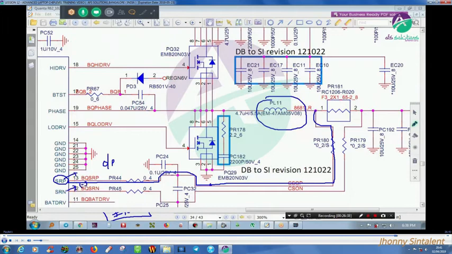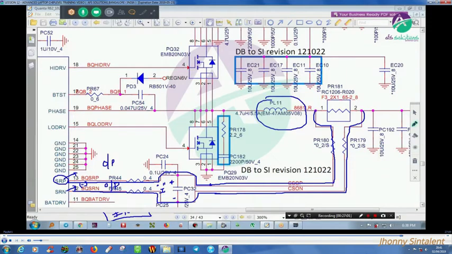Okay, output negative. There is one more resistor coming here. Between these two, one negative and one positive, there is one capacitor for the filtration. This is filtration not of voltage, but of current. Okay, filtration of current. So filtration is always required.